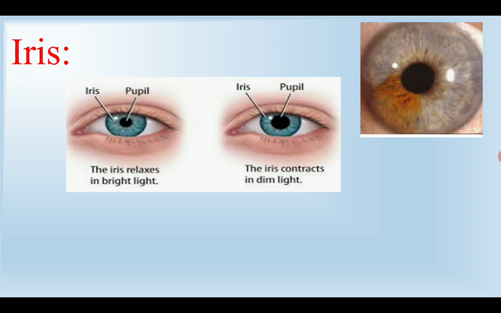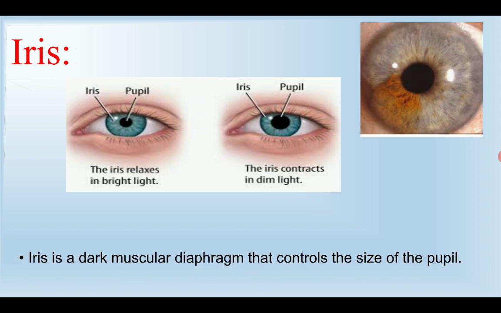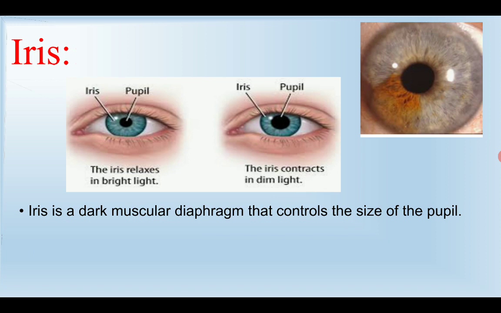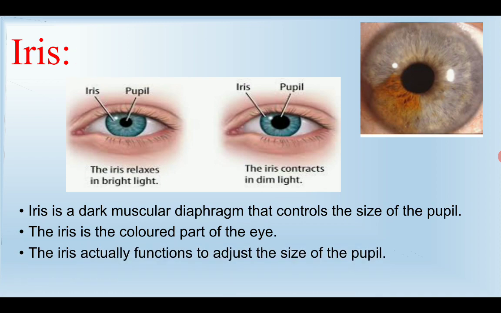So this iris is basically a dark muscular diaphragm that controls the size of the pupil. This iris decides the color of the eye. So basically the iris is the colored part of the eye. And this iris actually functions to adjust the size of the pupil.